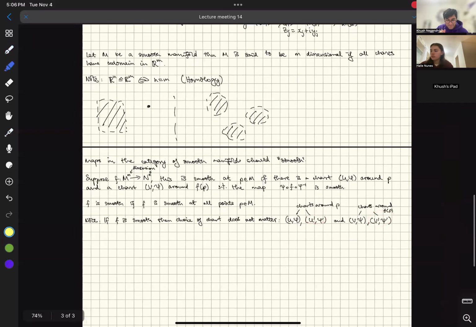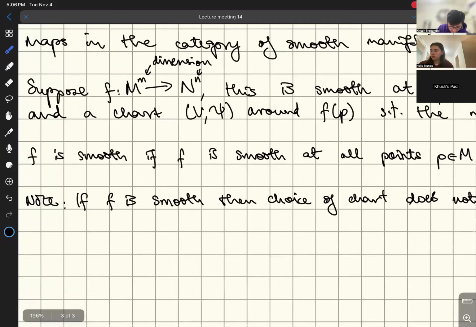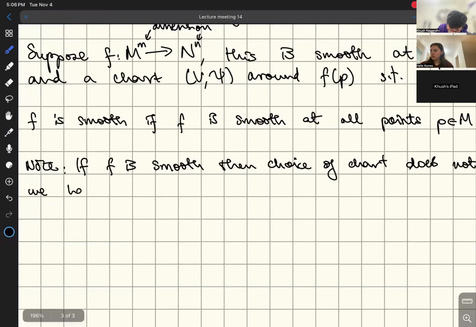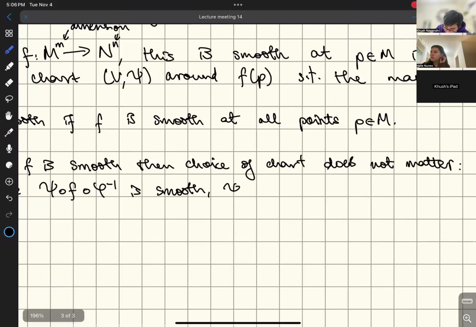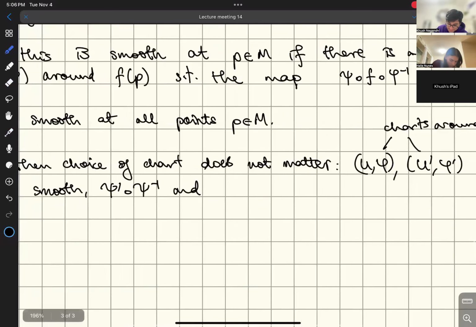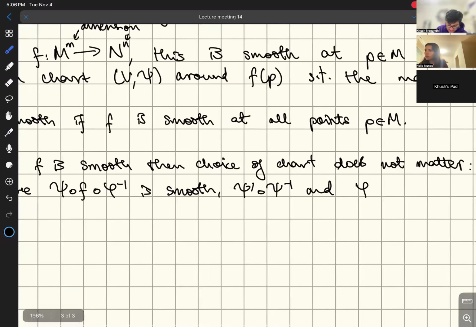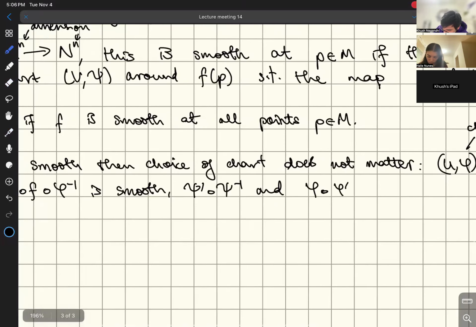To do that, it's just composing a bunch of things. We have psi compose F compose phi inverse is smooth. We have psi prime compose psi inverse and phi compose phi prime inverse are smooth.